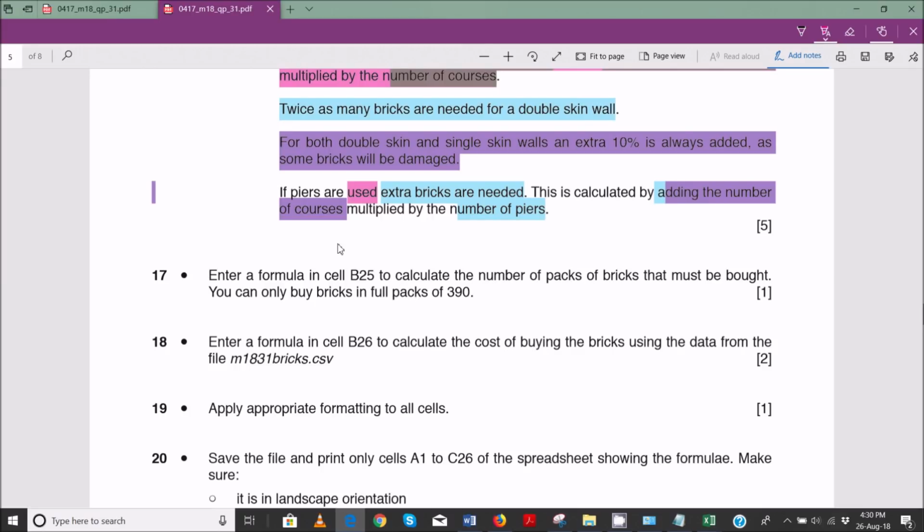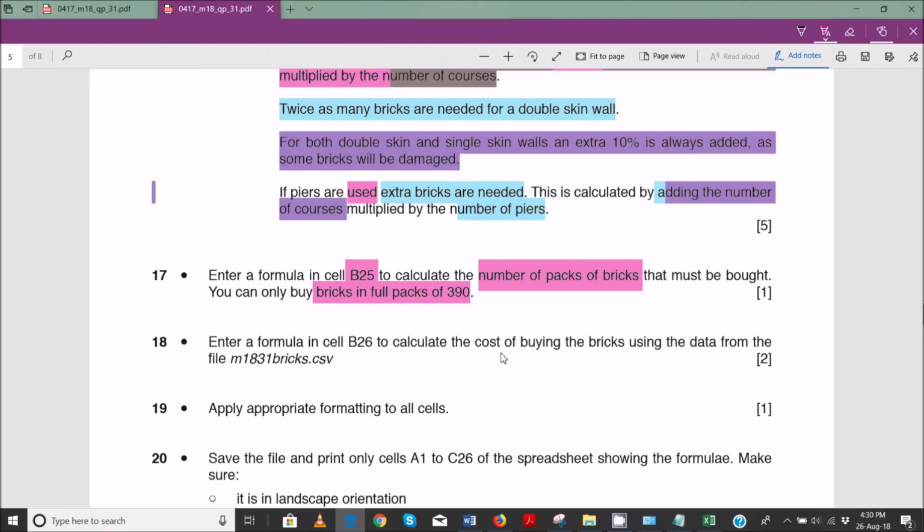Okay, so step number 17 says enter a formula in cell B25 to calculate the number of packs of bricks that must be bought, and you can only buy bricks in packs of 390.